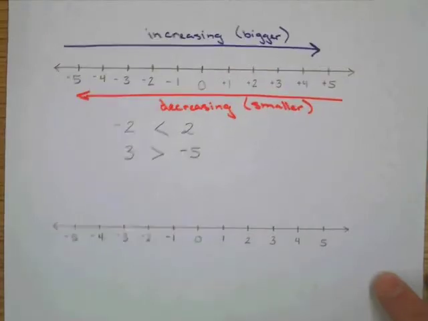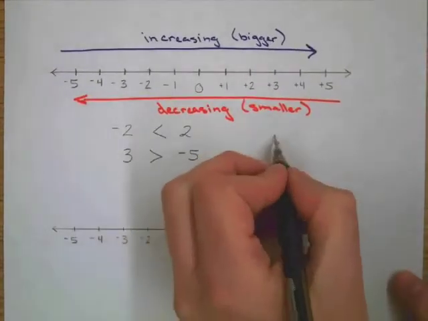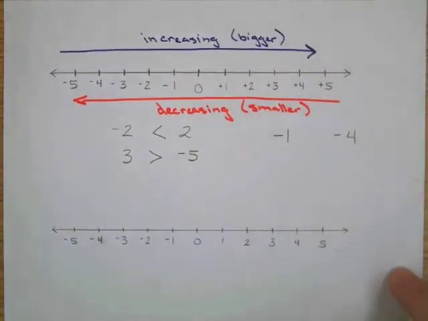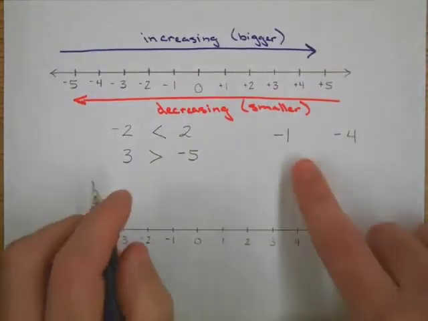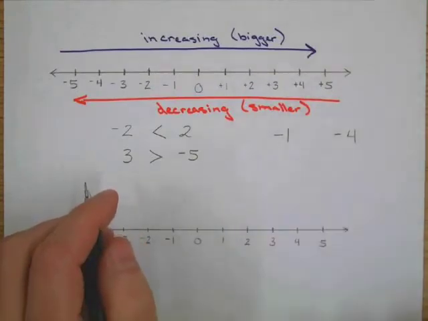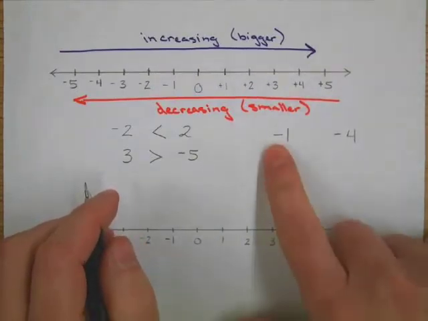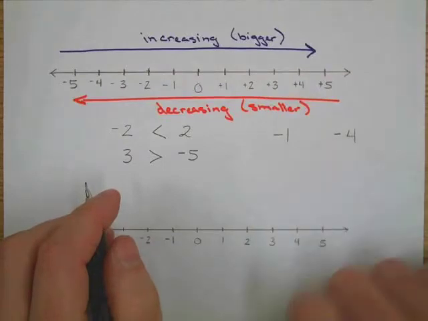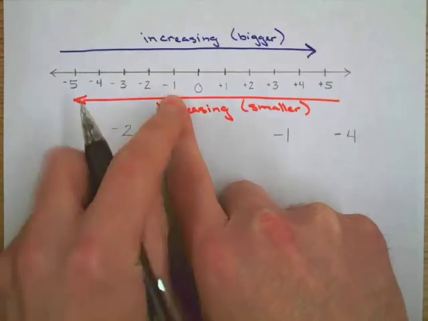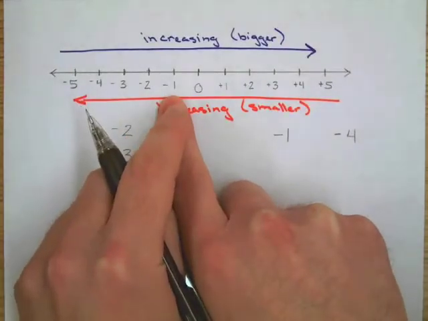Let's look at one more with just negative numbers. Let's say we have -1 and we're comparing that to -4. We might look at this and think, well, 4 is a larger number than 1, but these negative signs in front tell us something different. So we're going to find here's -1, and I'm going to see which way I'm going to go.